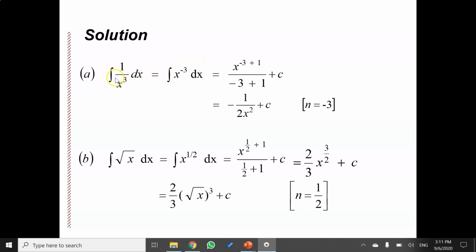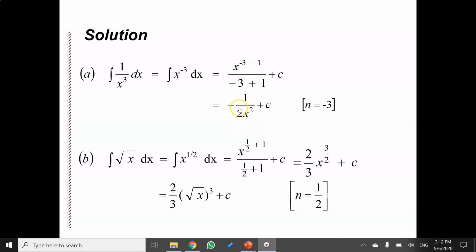Why negative? Because it is 1 over. When we integrate this one, remember you have to add 1 to the power. So you will have x to the power of negative 3 plus 1, divided by negative 3 plus 1. This is the new power. Plus c. So you will have negative 1 over 2x squared plus c.